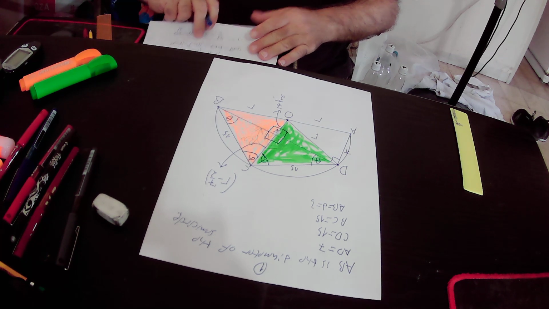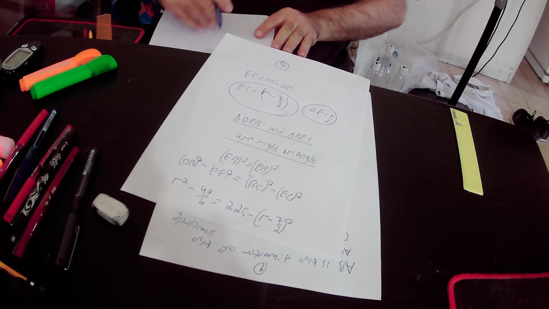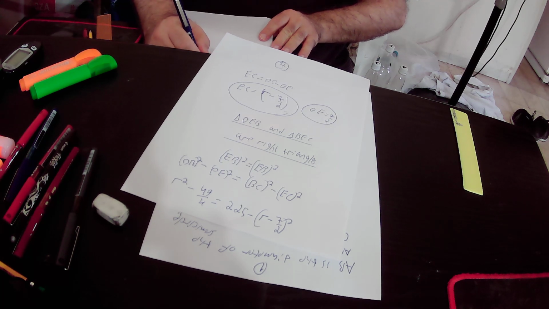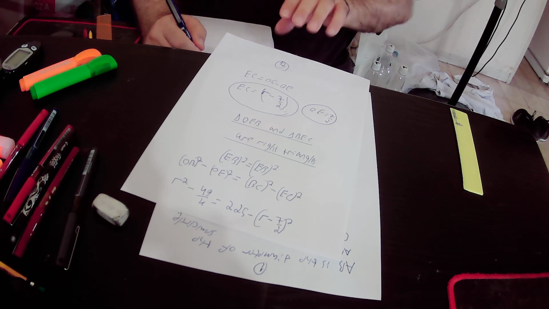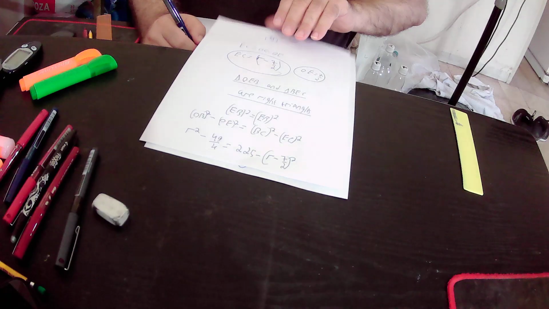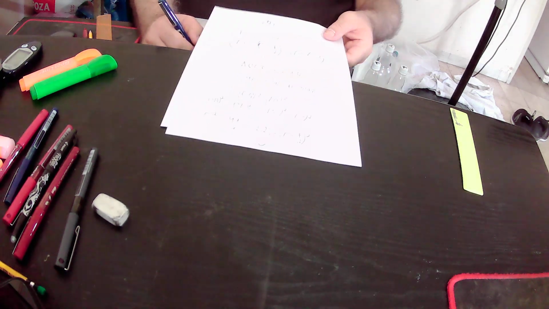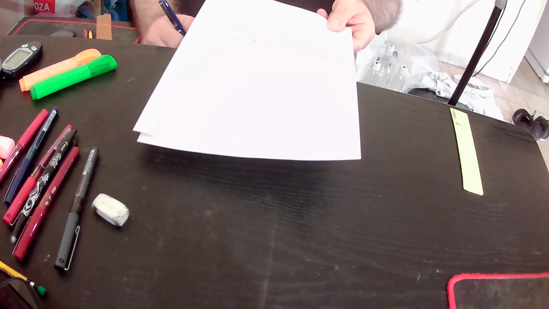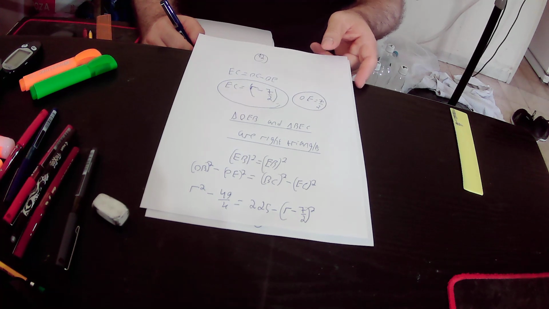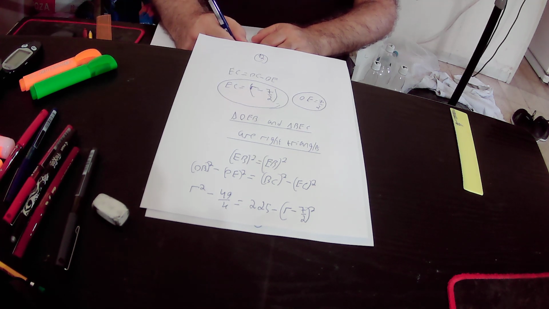So in total we got this equality that states that R squared minus 49 over 4 equals 225 minus R minus 7 over 2 square.